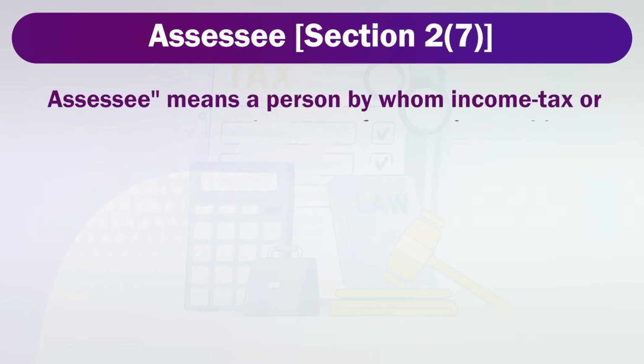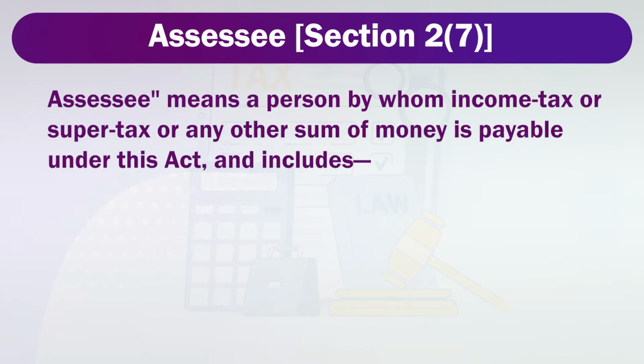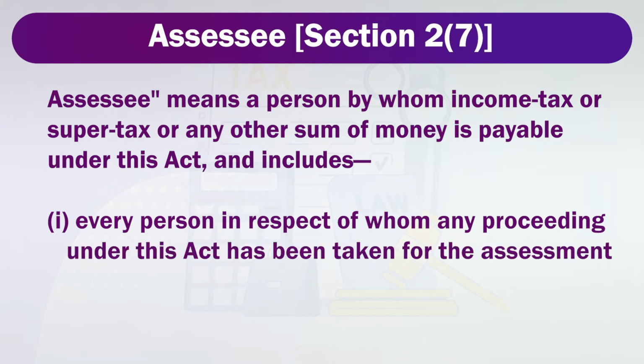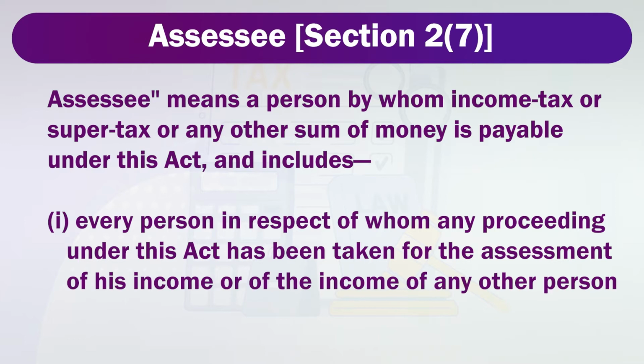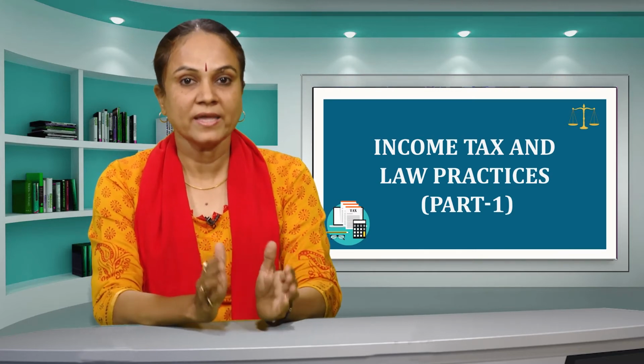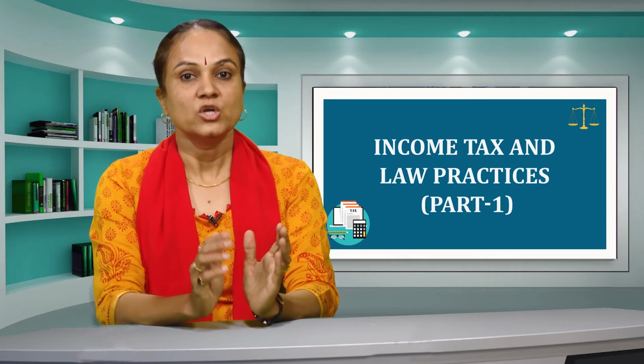Assessee means a person by whom income tax or super tax or any other sum of money is payable under this Act, and it includes first, every person in respect of whom any proceeding under this Act has been taken for the assessment of his income or of the income of any other person in respect of which he is assessable, or of the loss sustained by him or by such other person, or of the amount of refund due to him or to such other person.